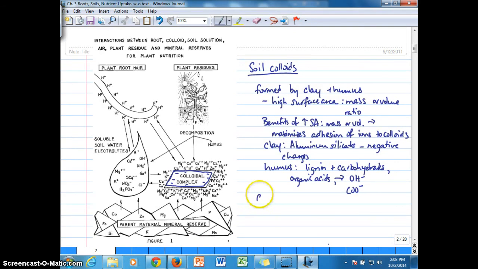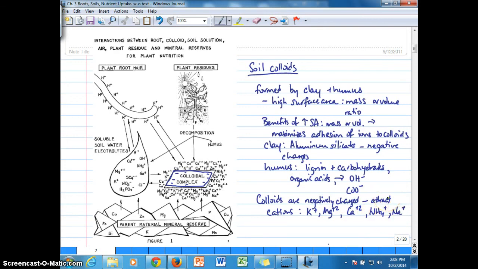So the colloids have negative charges, or they're negatively charged, and therefore attract cations, positively charged ions such as potassium and magnesium and calcium and ammonium and sodium.